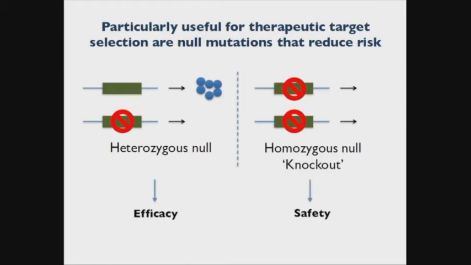And then the second is where both copies of the gene are broken, and it's a homozygous null, or also called a knockout. These heterozygous null conditions can give you insight into the efficacy of potentially downregulating a given gene of interest. And then the homozygous null situation, particularly if the individuals are healthy, can give you insight into the safety of complete inhibition of a given target.